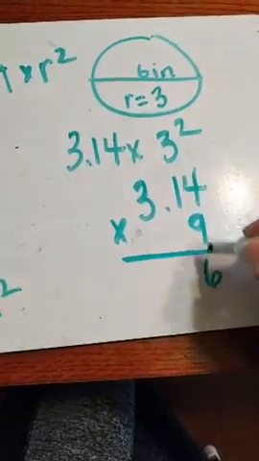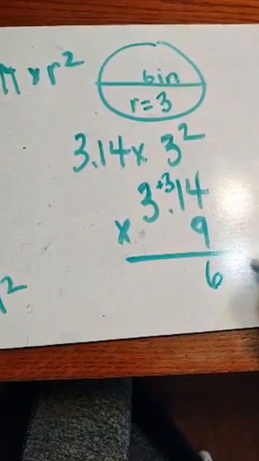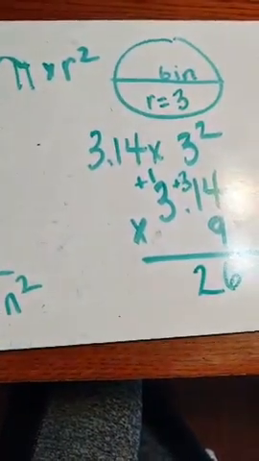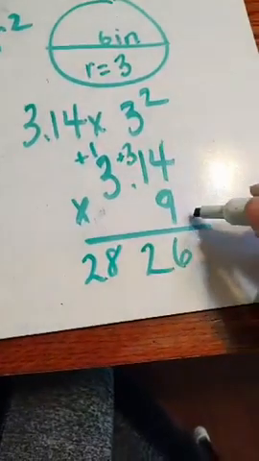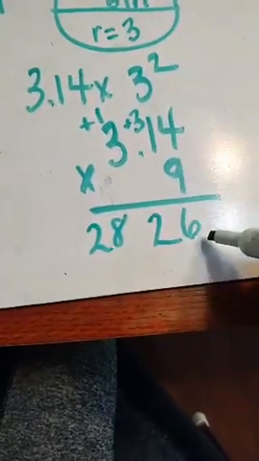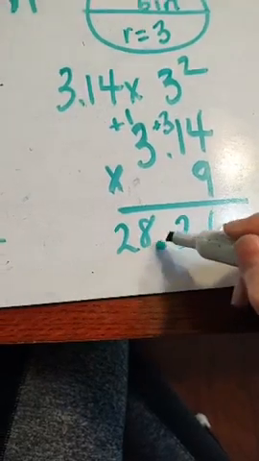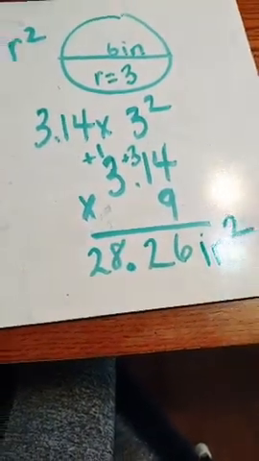You got it. 9 times 1 plus 3. 9 times 3 plus 1. Count your decimal places. I have none down here and 1, 2 up here. Start on the right, count in 2. The label was inches. It's area, so it's squared.